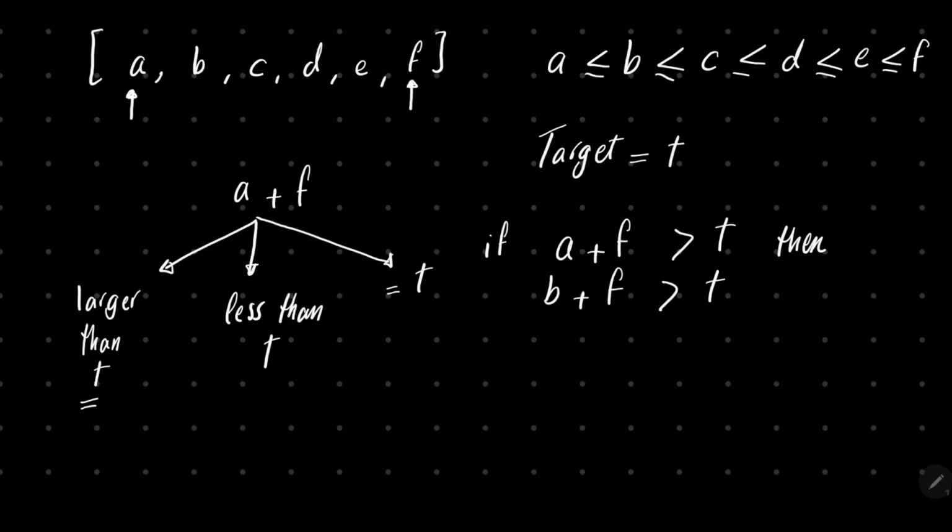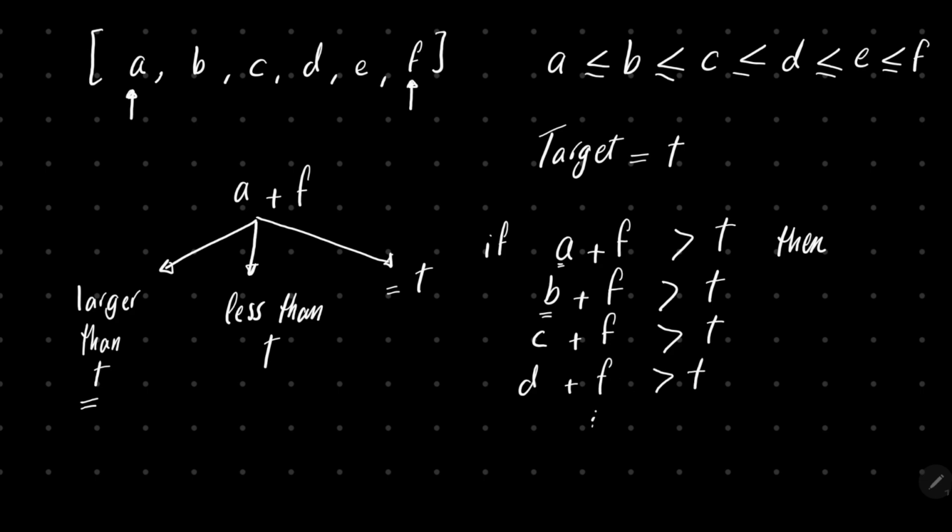Well, F is the same number, but I know that B is bigger than or equal to A, which means B plus F has to be bigger than A plus F, which also means C plus F is bigger than T, and D plus F is bigger than T, and so on.